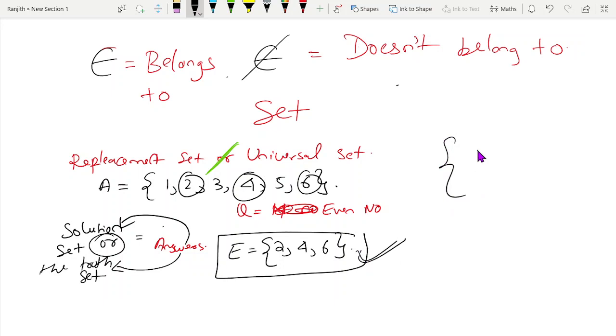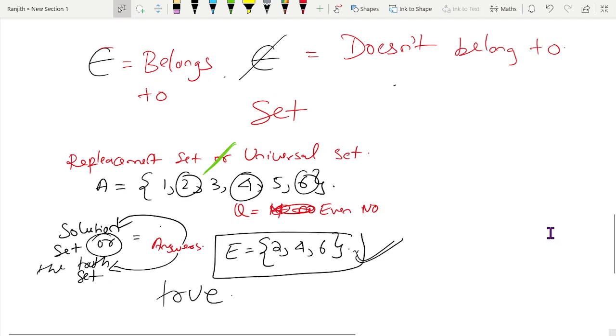This is truth. If I write it like this, is it correct? Is it true or false? It's false, so it's a false set. That's the reason they have written truth set instead of true. Basically, remember: solution or true, and the other one is the false set.